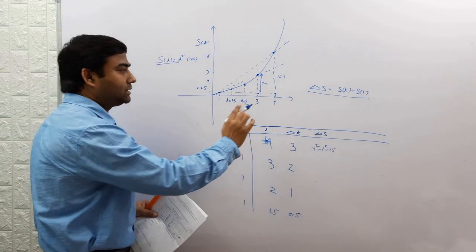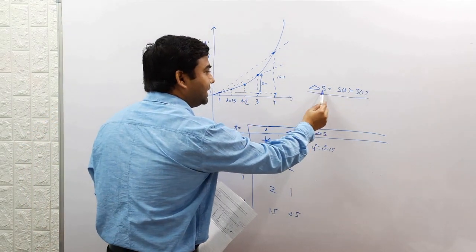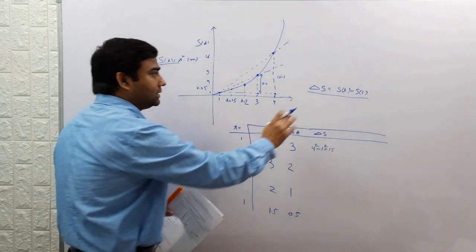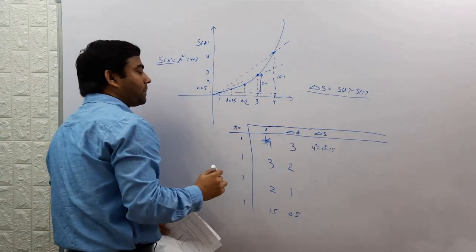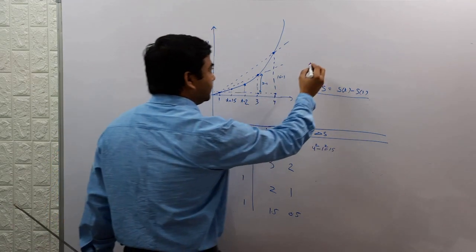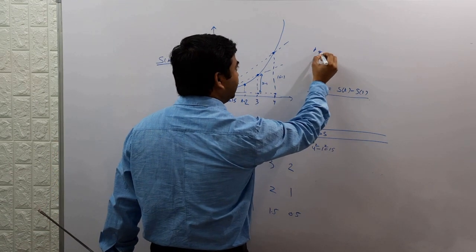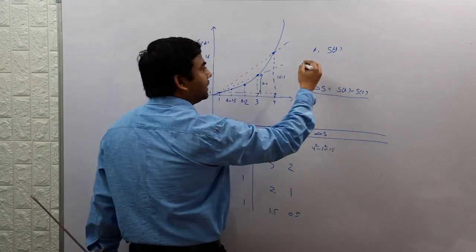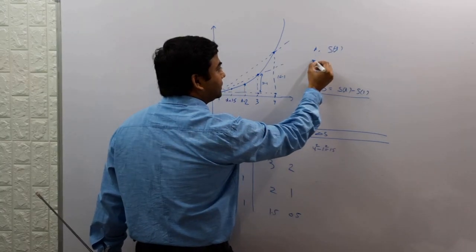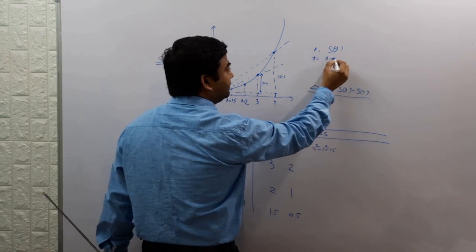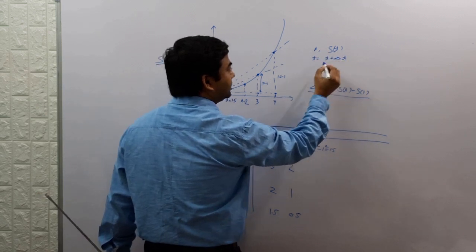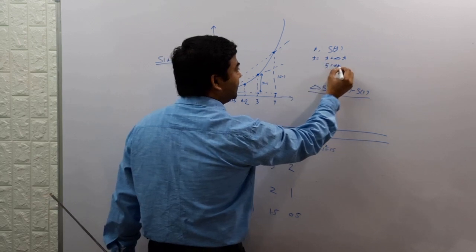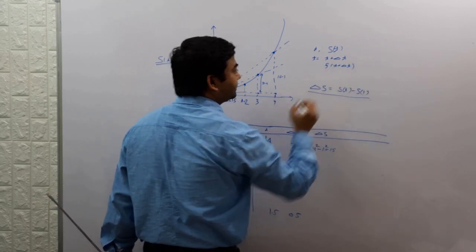For a particular value of time, delta s between t equal to 1 and t equal to t is given by this. Or you can say, for t the displacement is s(t), and for t equal to t plus delta t, the displacement is s(t plus delta t).